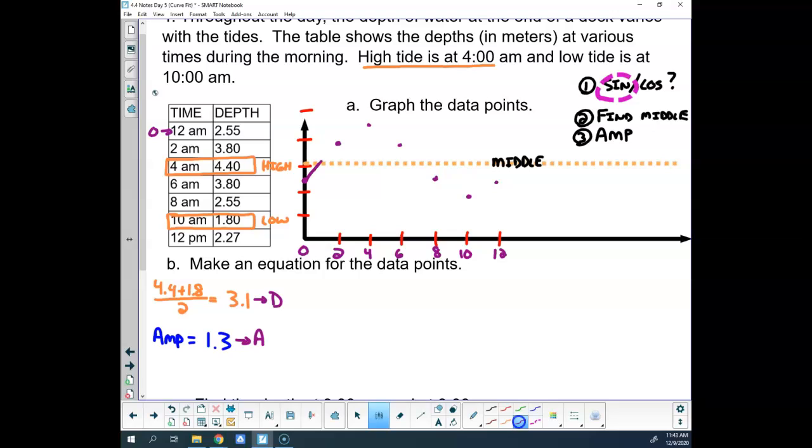If I were to draw in just that function, right? Just that little part of the function, that tells me that here is my start, which appears to be about 1. Correct?